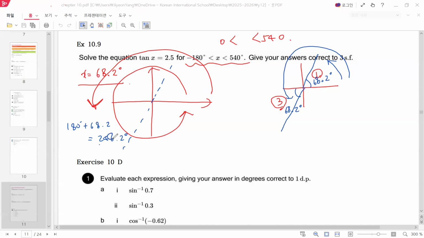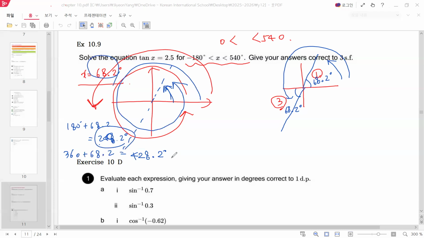And then one more half turn, so you need to find this angle, which is 360 plus the angle, 428.2 degrees. So 1, 2, 3 in the positive direction.